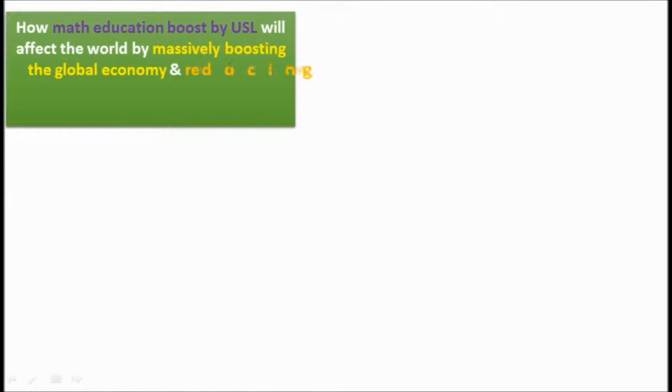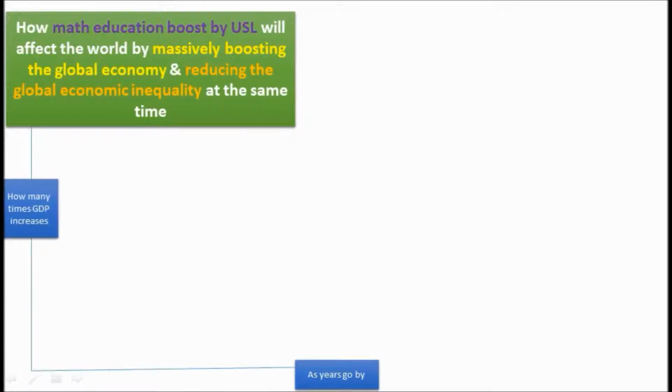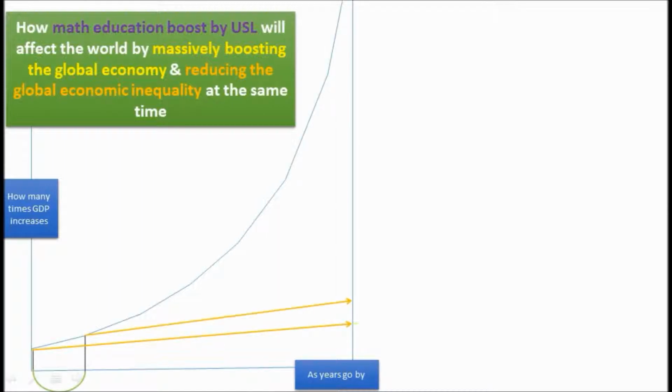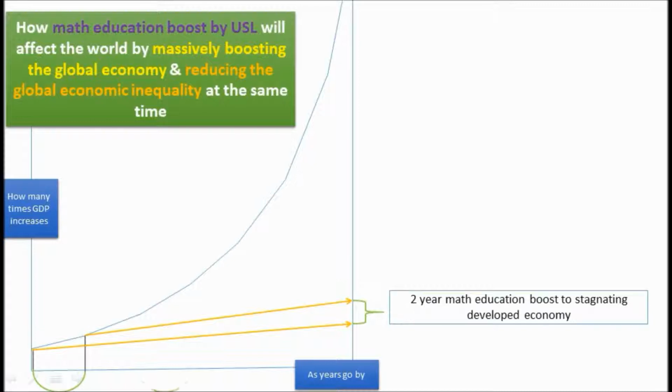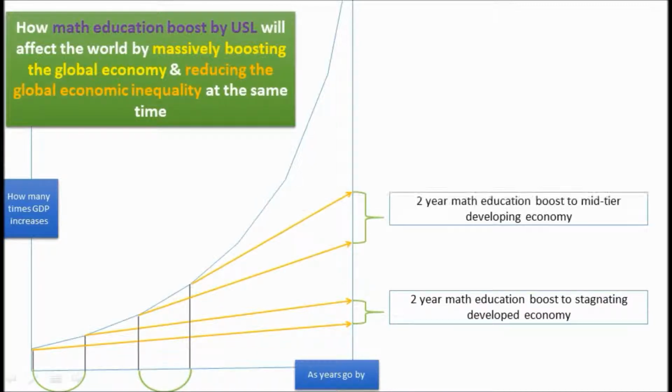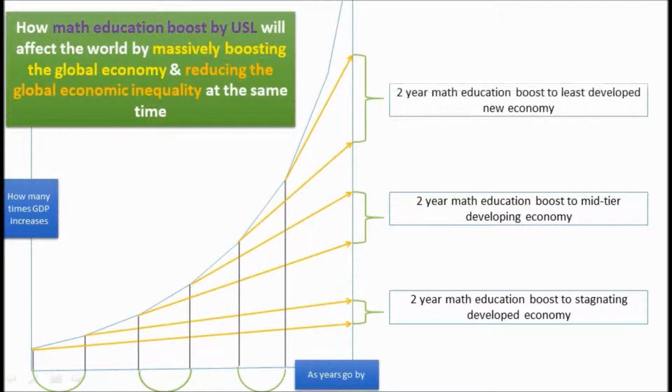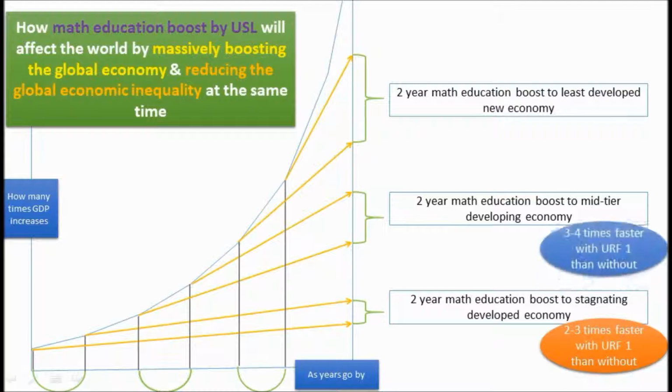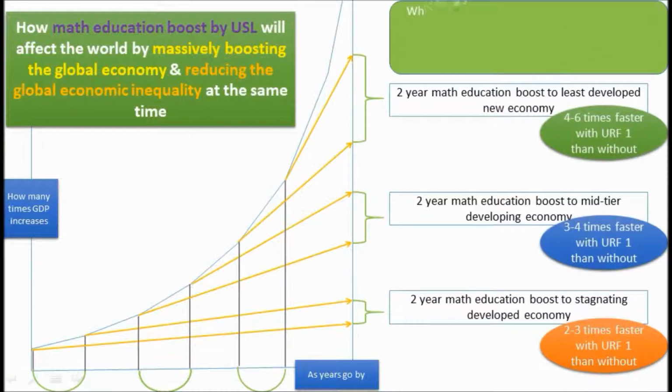That means once we boost the mathematics in a certain manner, it's going to be boosted into the economy. How does it happen? So as years go by, and all this GDP increasing, the lower part is a 2 years math education boost to the already very, very developed country, and the mid part is mid-tier countries growing faster, and the upper part is going to be faster if it's the least developed and currently newly developing countries.